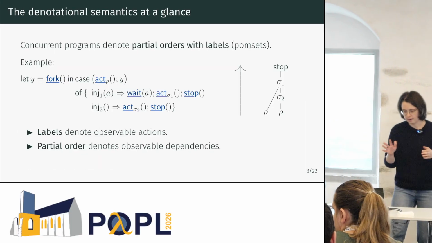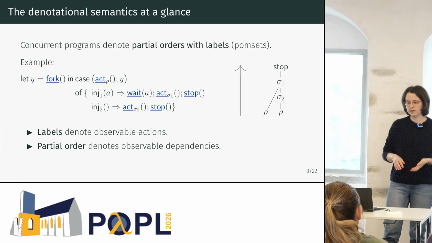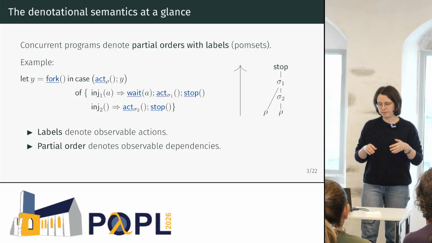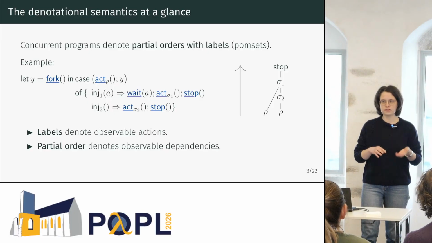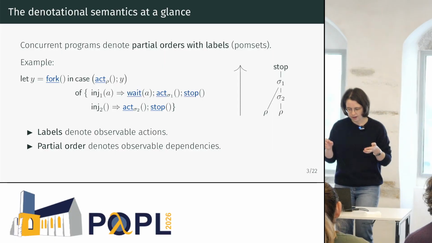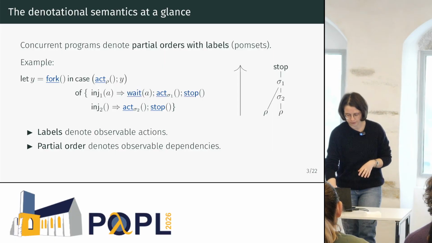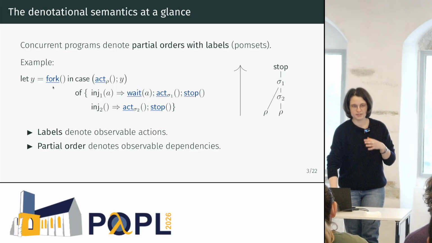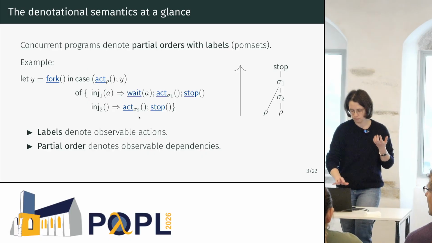The main idea of the semantics is that a concurrent program denotes a partial order with labels, also known as a POPset. Here is an example program, which is probably hard to understand now, but the main point is that it forks a new thread, and then it performs some actions, rho, sigma 1 and sigma 2.